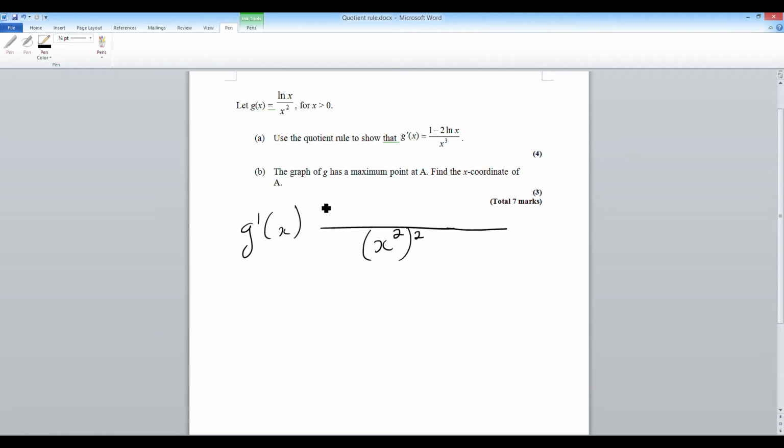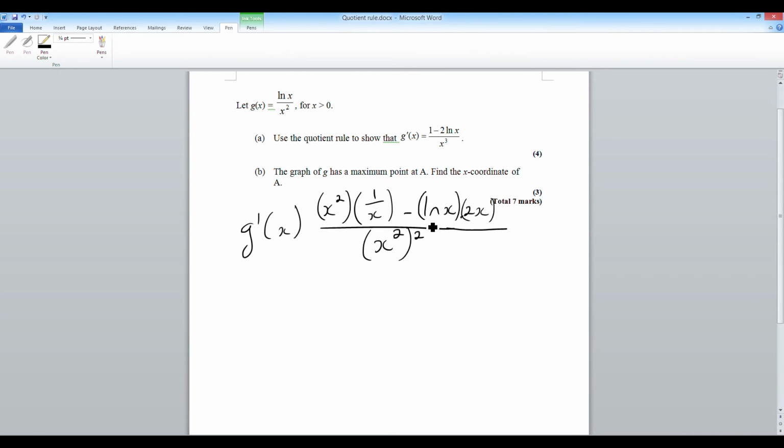Then I'm going to say it is my bottom, my denominator, so this is x squared, multiplied with the derivative of my numerator, the derivative of the top. The derivative of the natural log of x becomes 1 over x, minus the top, or my numerator, in this case natural log of x, multiplied with the derivative of my denominator, which is 2x.